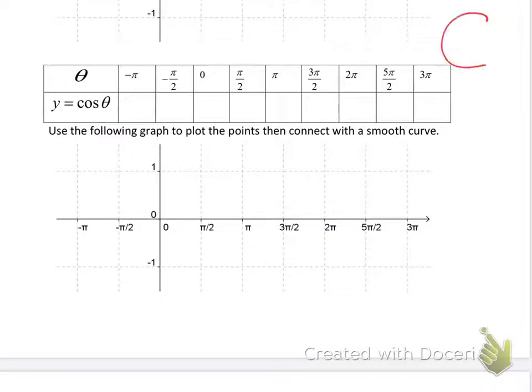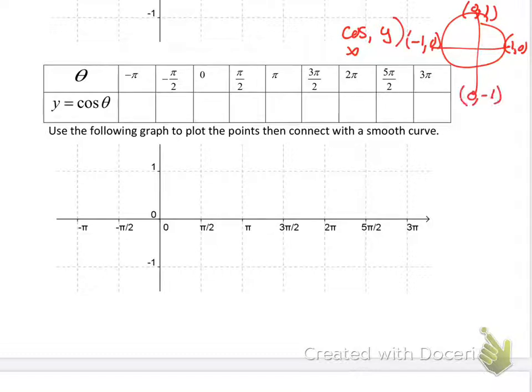So again, you have that circle, the unit circle, right? And cosine is your x value. Sine is your y. So, again, this was 1, 0, 0, 1. You have your unit circle probably out in front of you. And 0, negative 1. All right.